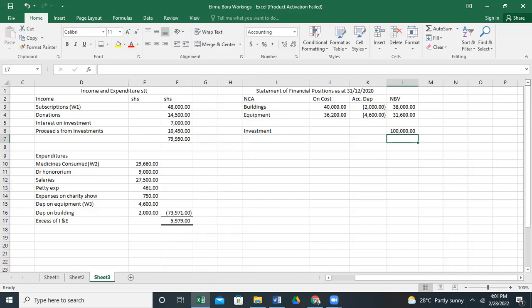So I can go to the current assets, right? So the total of this, can even total this, 169,600.